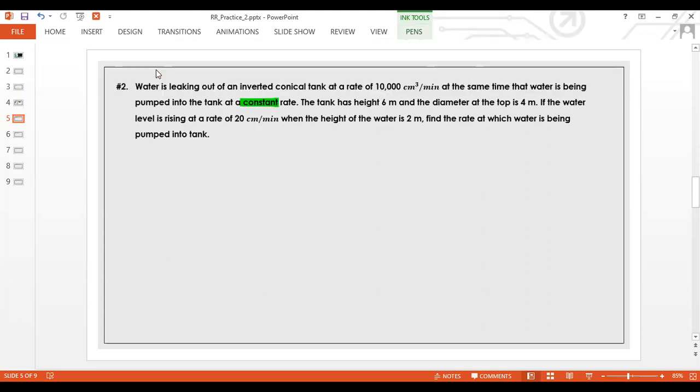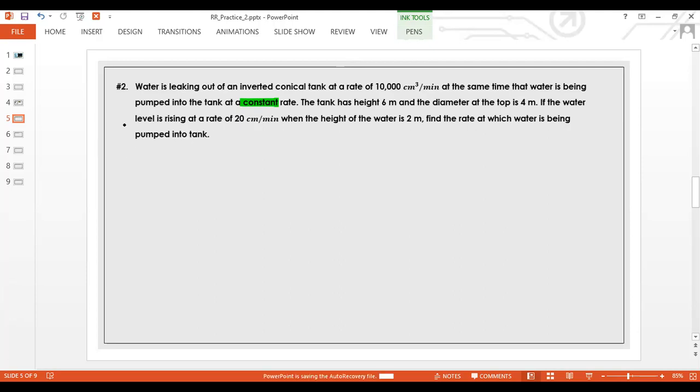The tank has a height of 6 meters and the diameter on the top is 4 meters, okay? If the water level is rising at the rate of 20 centimeters per minute, then when the height of the water is 2 meters, find the rate at which the water is being pumped in.